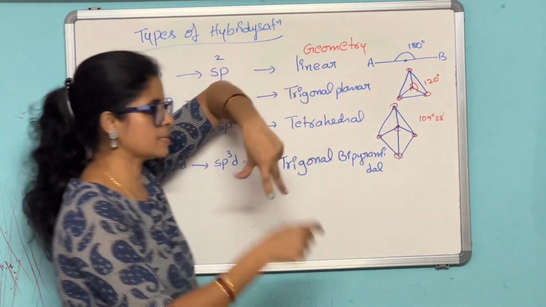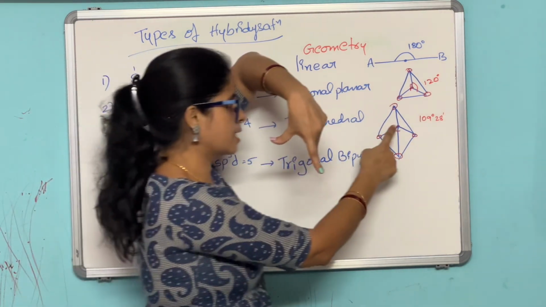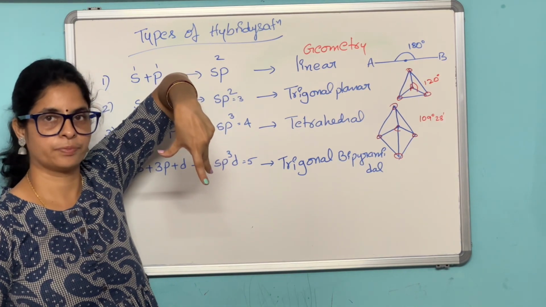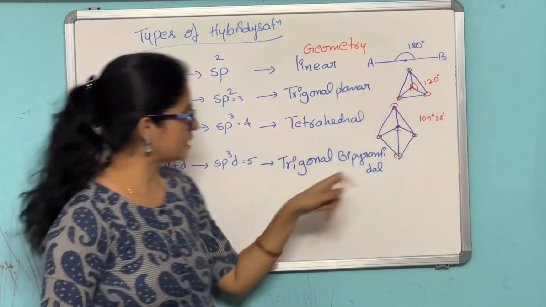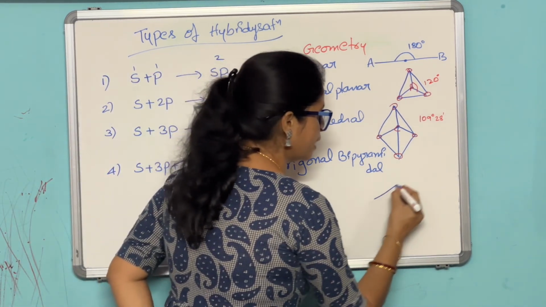These 3 atoms, and this is the upper part. So that is tetrahedral geometry.